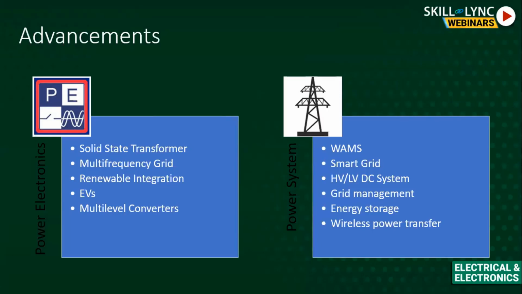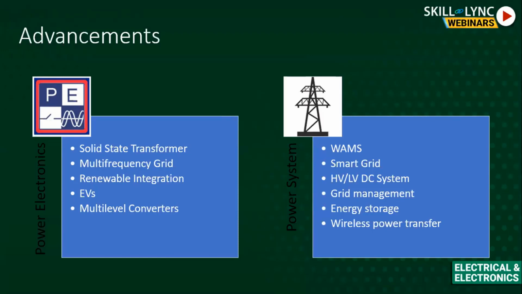On the power system utility side, a new area coming up is the wide area measurement system. Right now, like we saw in the first slide, the structure of the power system: after generation, there will be a long transmission. There will be certain stations in between where the voltages and currents are being monitored continuously, but with respect to each other. So we would not know whether the reference that we are considering is the right reference or not.